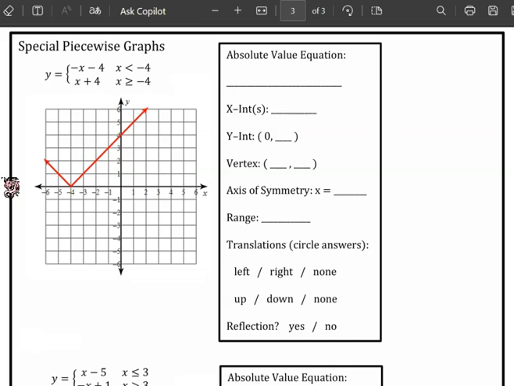The absolute value equation for this one would be y equals the absolute value of x plus 4, and you don't add or subtract anything to it. The formula for these is y equals a absolute value of x minus h plus k, where a is the slope of the right side and h and k is the vertex.